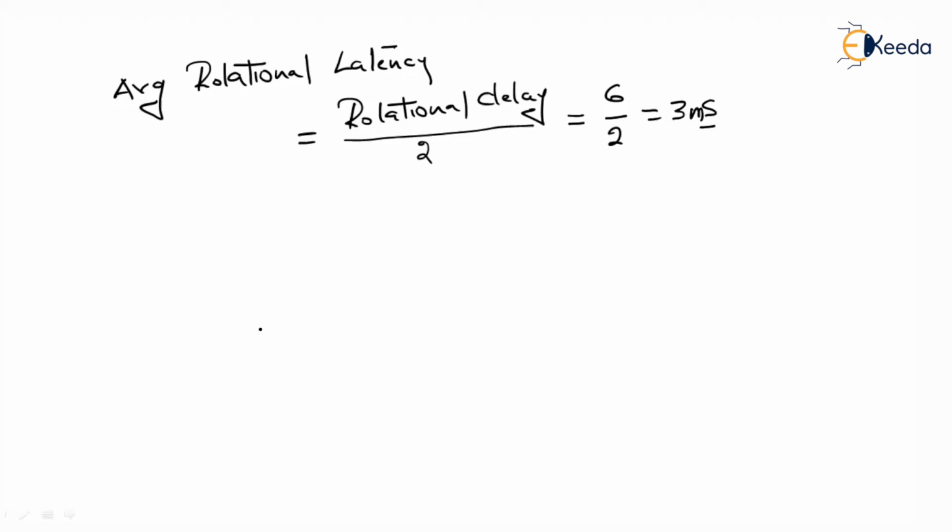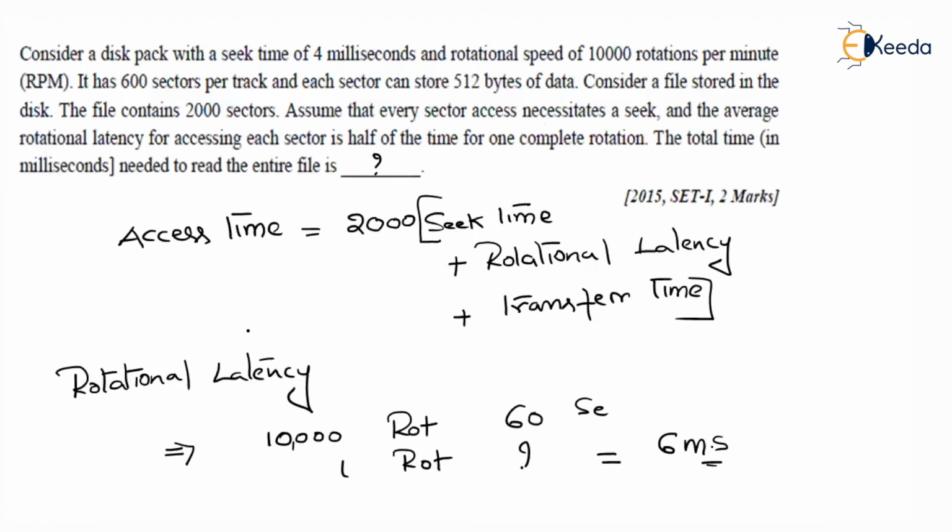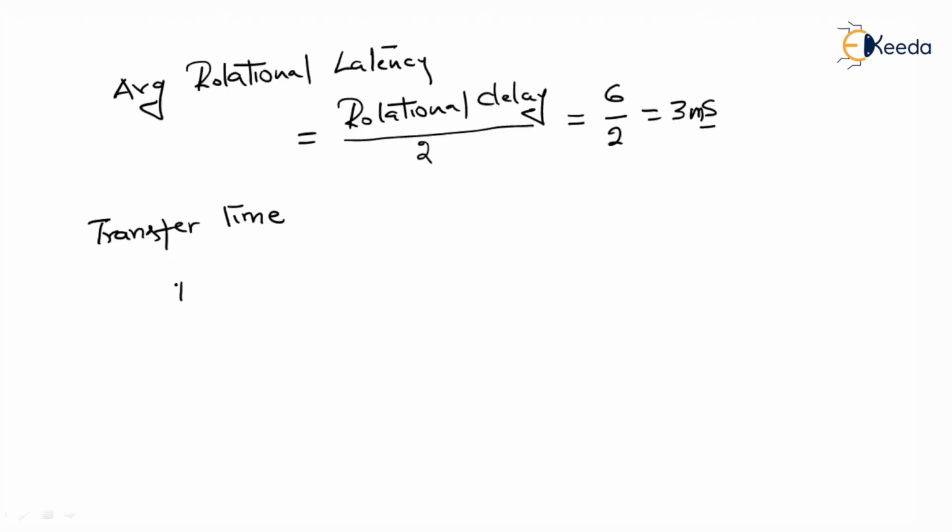So now let us calculate the transfer time. As the transfer time is not specifically given, we need to get the transfer time from the rotational delay. The actual rotational delay is 6 milliseconds, right? One rotation will cover a complete track, which is of 600 sectors.